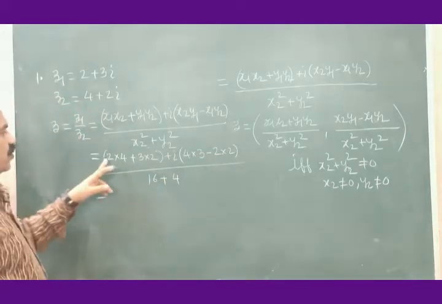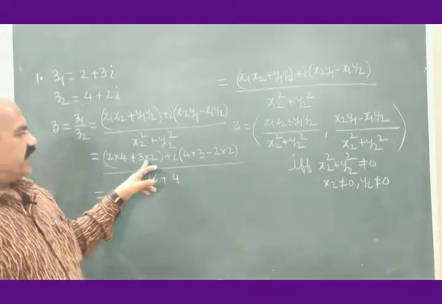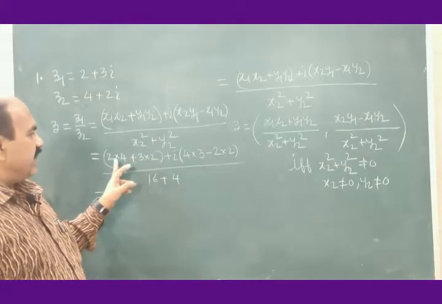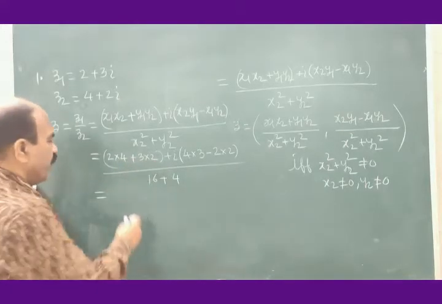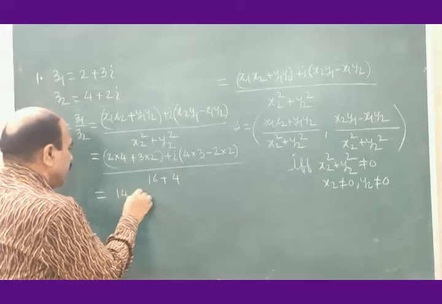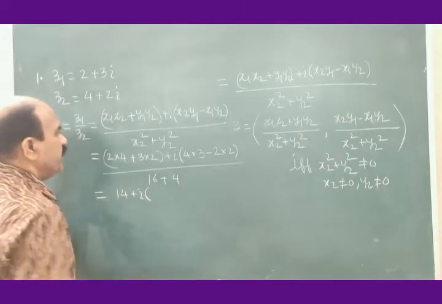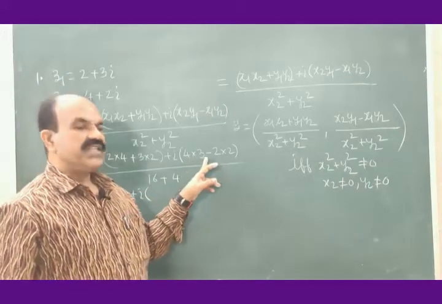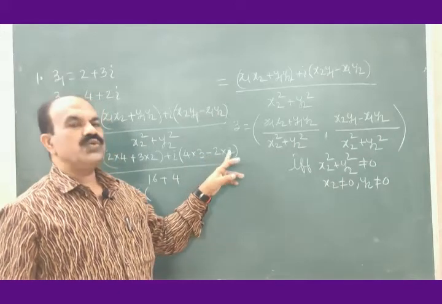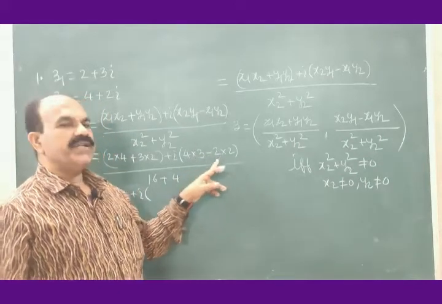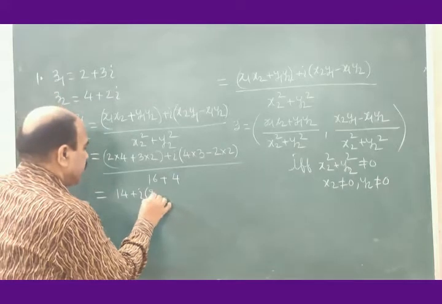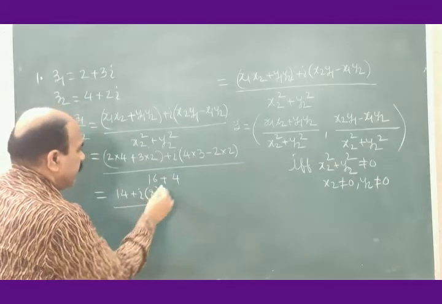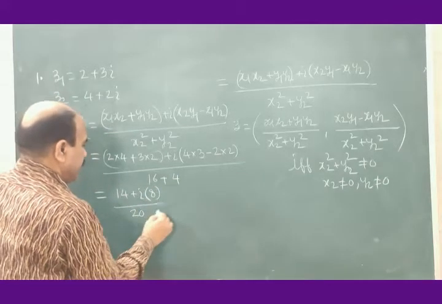This is equal to 2 4s are 8, 3 2s are 6, 8 plus 6 is 14, plus i into 4 3s are 12 minus 2 2s are 4, 12 minus 4 is 8, divided by 20.